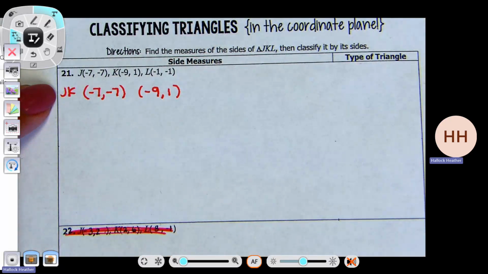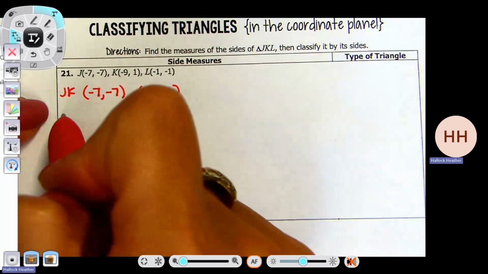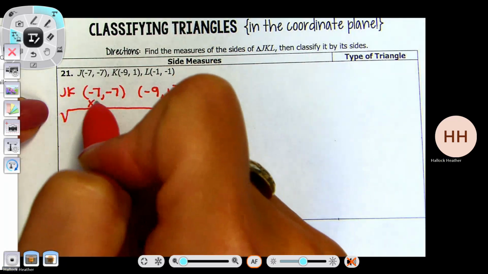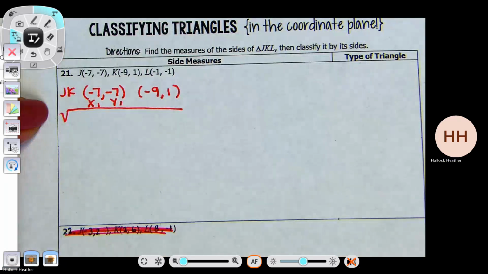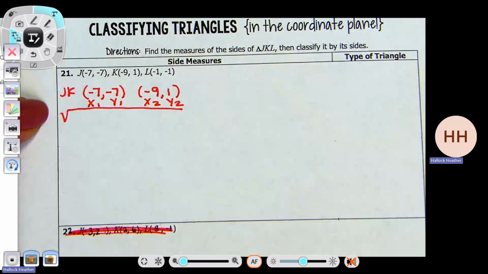It does not matter which one is coordinate point 1 and which one is coordinate point 2, because if you're going from one point to the other, it's still a length, still a distance, so you're still going to get a positive number no matter what. I'll call this one X2, Y2.